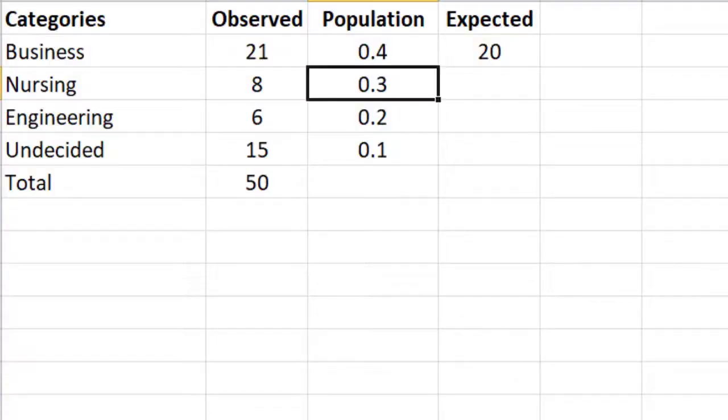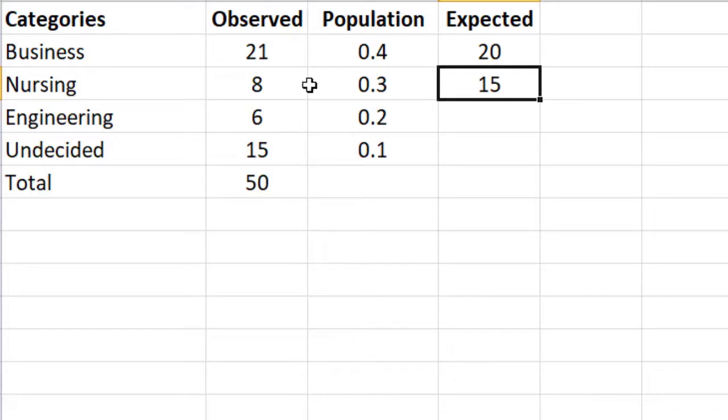Now I am going to record that into my table in the third column. I expect that among 50 students in our sample, 15 of them should be in nursing major if this proportion was correct.